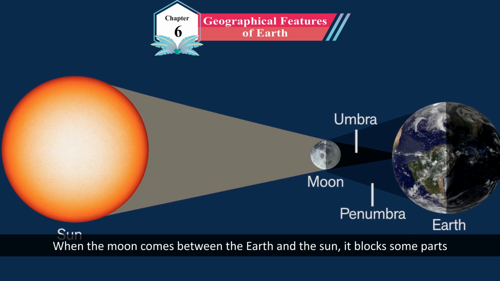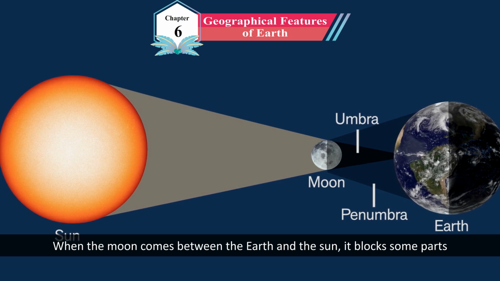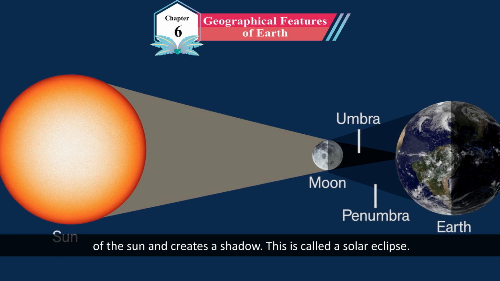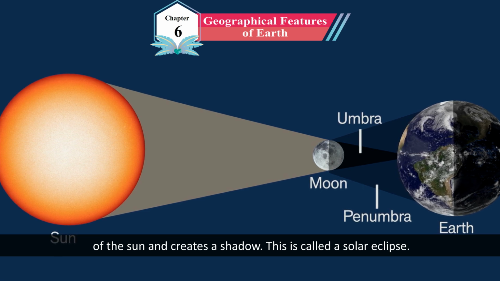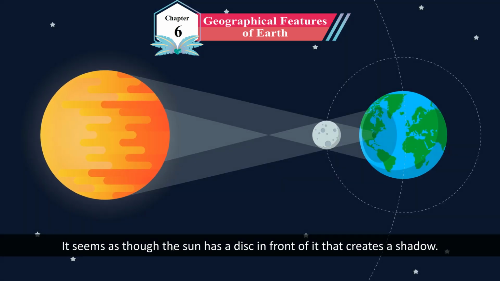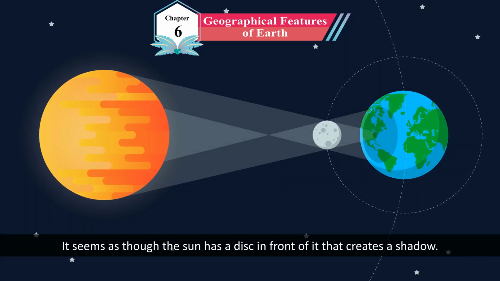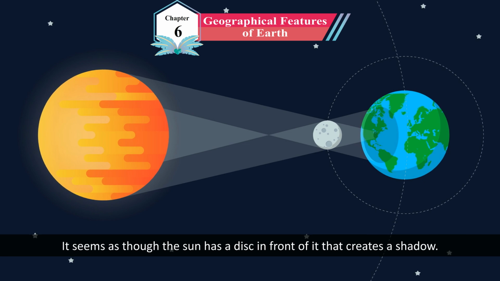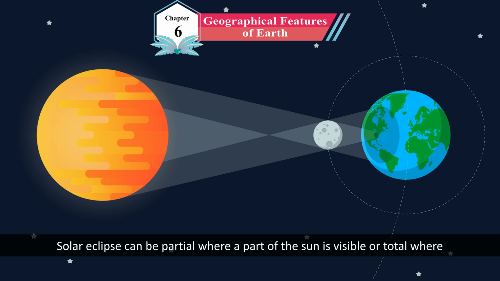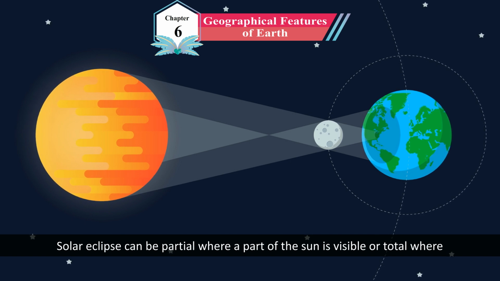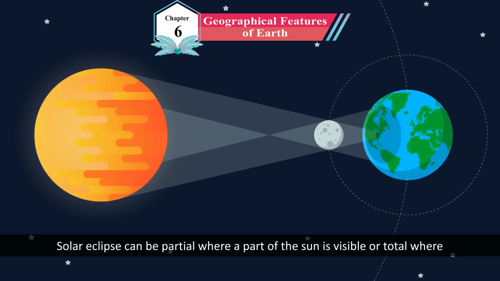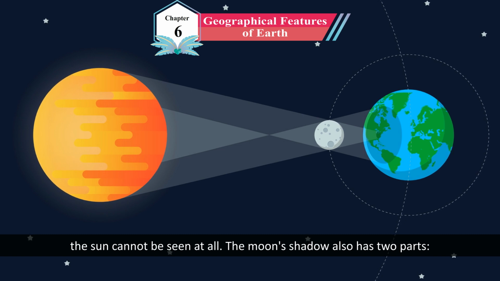Solar eclipse. When the moon comes between the earth and the sun, it blocks some part of the sun and creates a shadow. This is called a solar eclipse. It seems as though the sun has a disk in front of it that creates a shadow. Solar eclipse can be partial, where a part of the sun is visible, or total, where the sun cannot be seen at all.